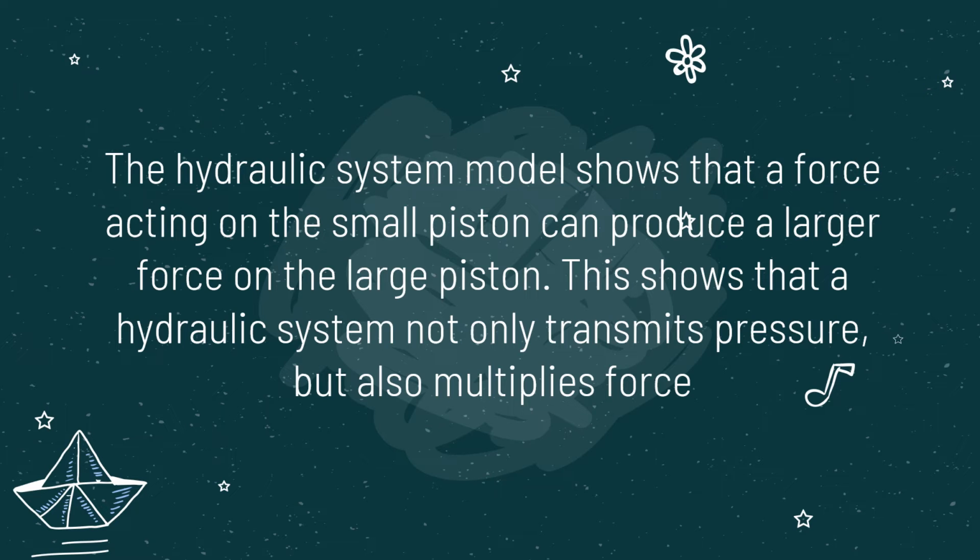From that, we know the hydraulic system model shows that a force acting on the small piston can produce a larger force on the large piston. This shows that a hydraulic system not only transmits pressure but also multiplies force. That picture shows a hydraulic system that functions as a force multiplier.